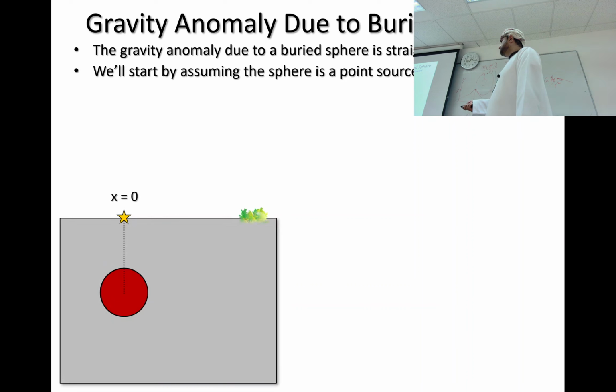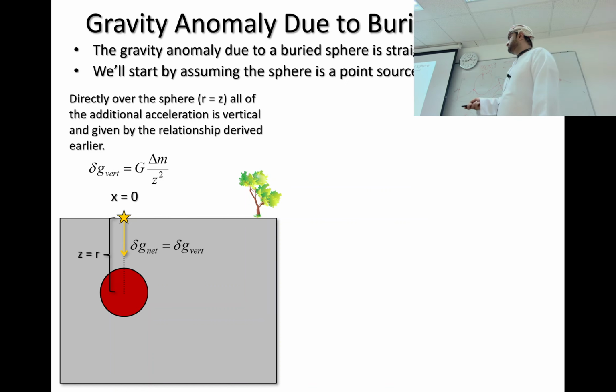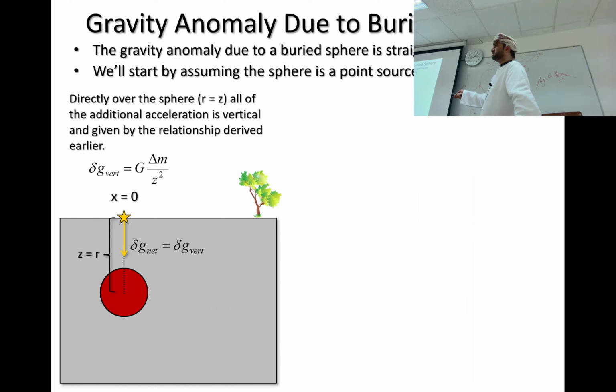So let's assume this is the simplest measurement we can make. For simple cases, we try to measure the change in mass. We are measuring the vertical.